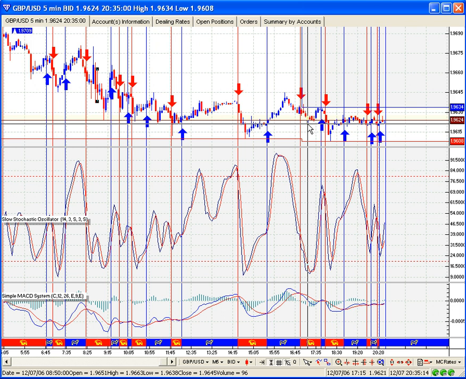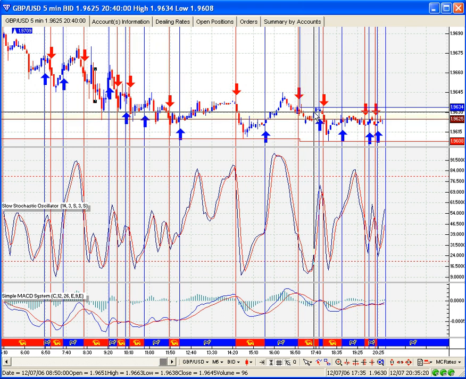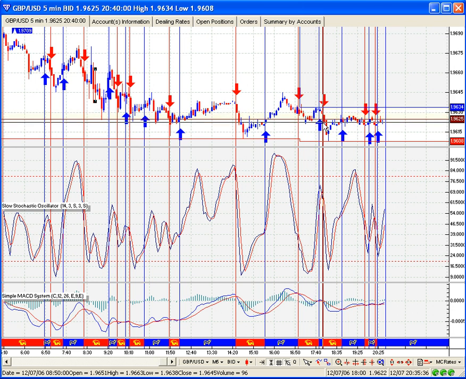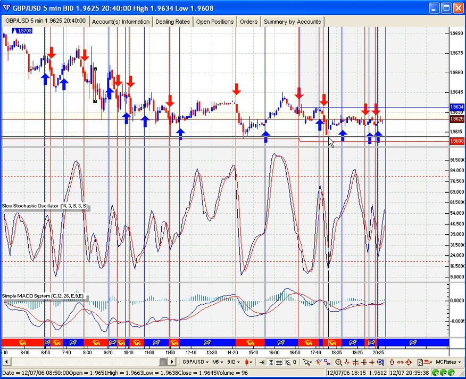621 to 634. Another 13 points. 634 to boom. It has come down all the way. 634 to 611.